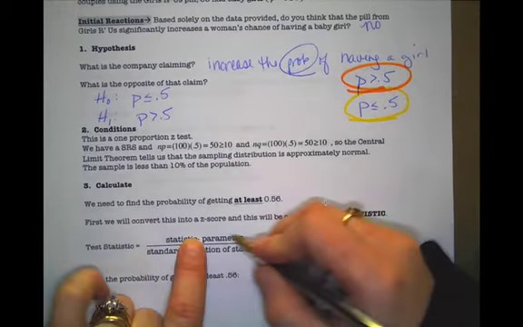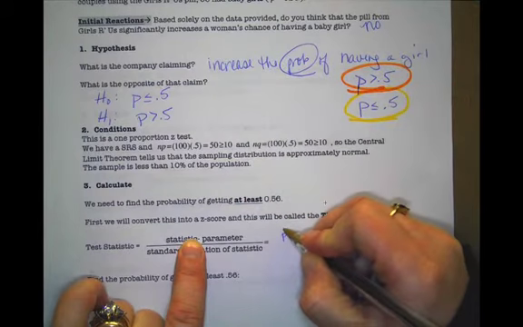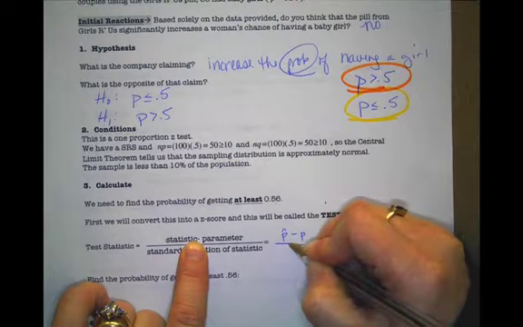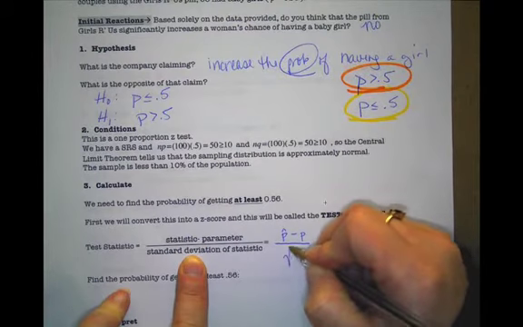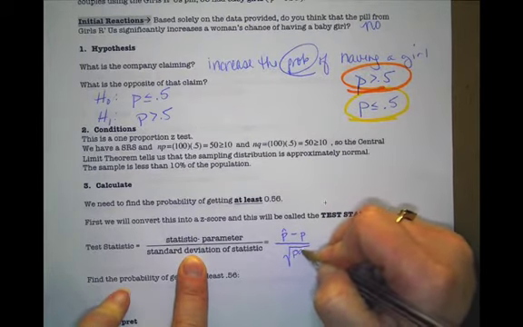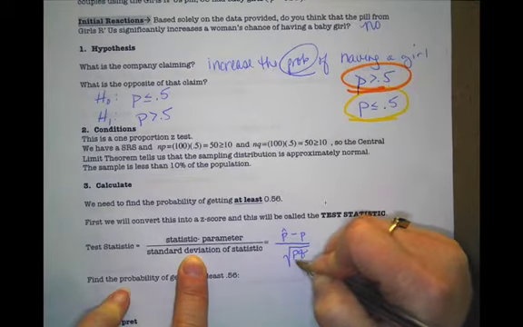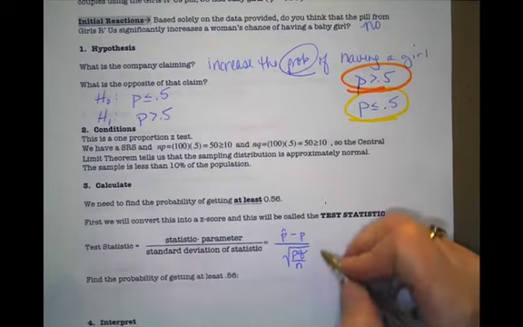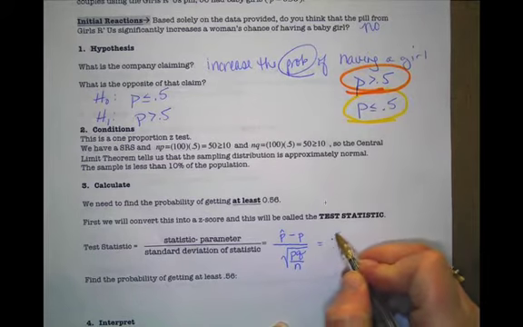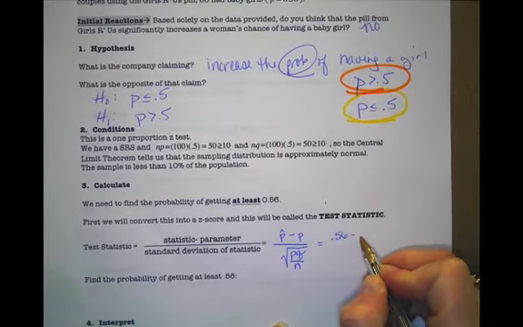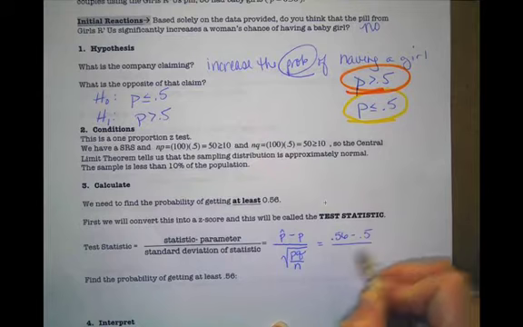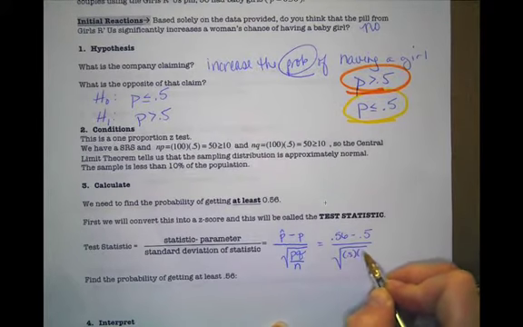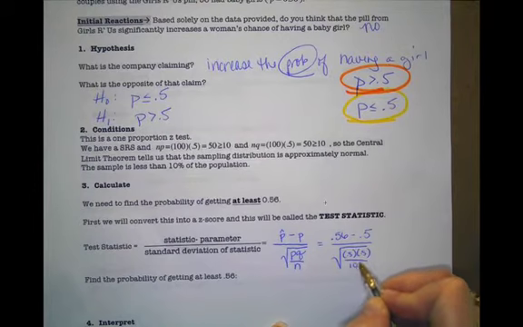The generic form is the statistic, which in this case is p-hat, minus the parameter, which is p, divided by the square root of the standard deviation of the statistic. If I'm talking about p-hat, it's p times q divided by n. For this particular problem, my p-hat is 0.56, my p is 0.5, q is 0.5, and my n is 100.